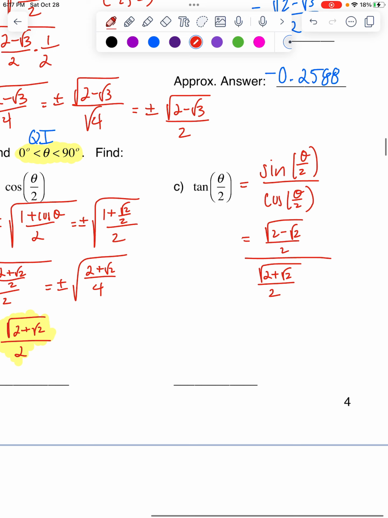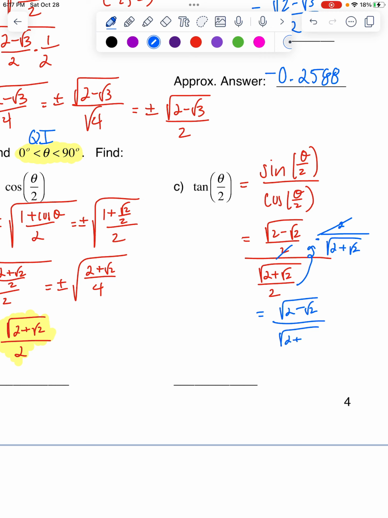So we have a fraction divided by a fraction. I'm going to multiply by the reciprocal of my second fraction, which becomes 2 divided by root 2 plus root 2. And my 2's cancel out, so I'm just left with the square root of 2 minus root 2, all over the square root of 2 plus root 2.